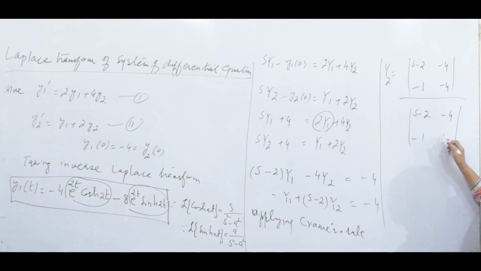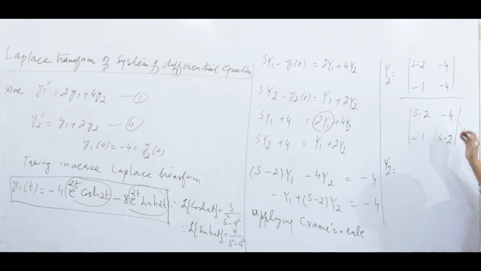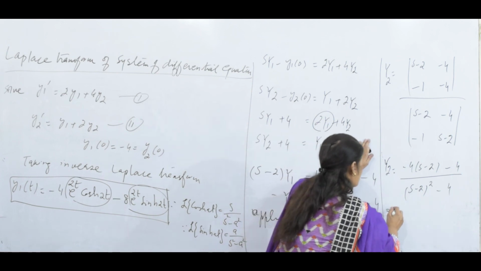Coefficient of y2 is replaced by the right hand side, and in the denominator is the coefficient matrix. This is -1, s-2. So y2 is equal to, let me solve, -4 times (s-2) -4, and then (s-2) whole square, and this is -4 again. If you multiply, this is +4. Let me separate again.